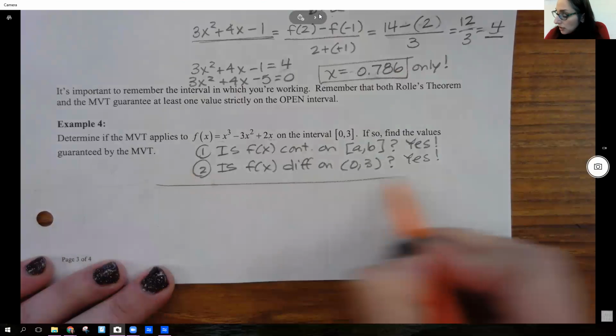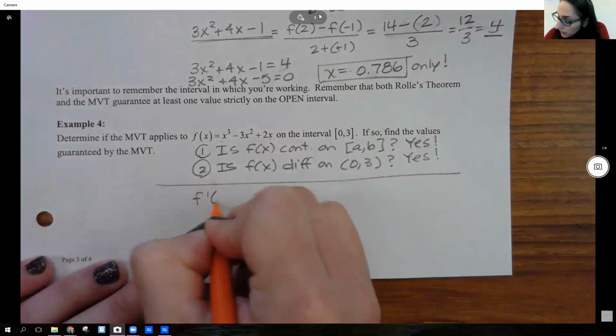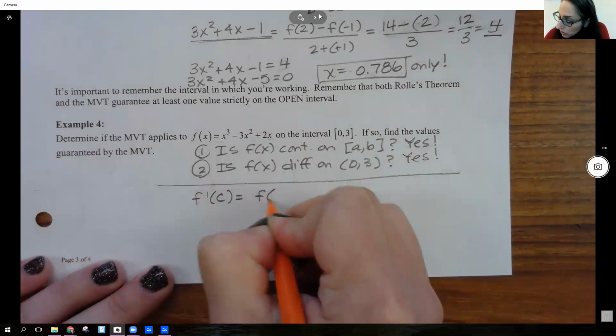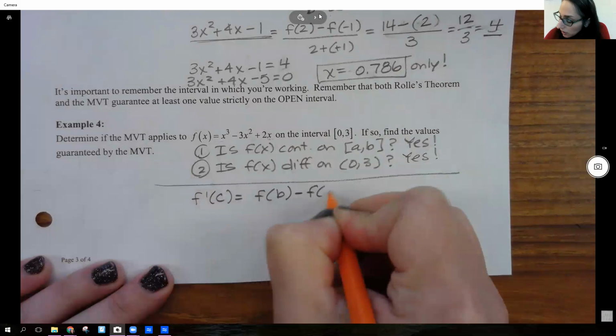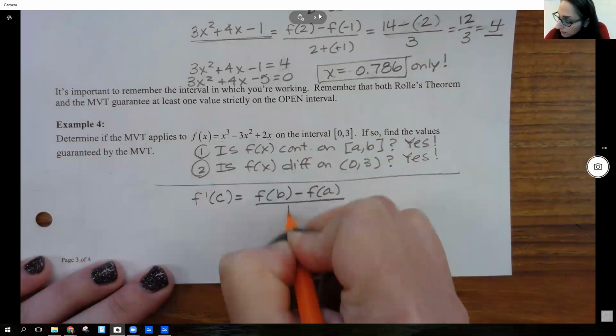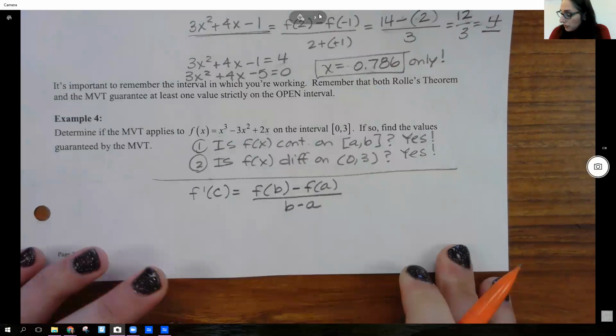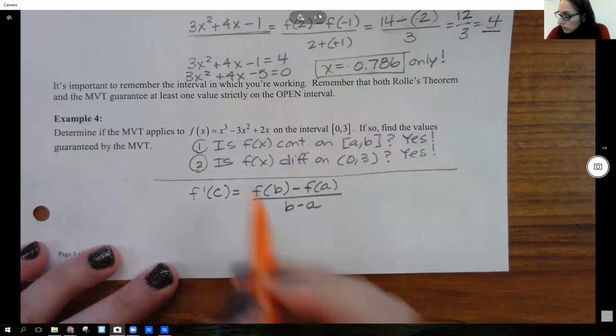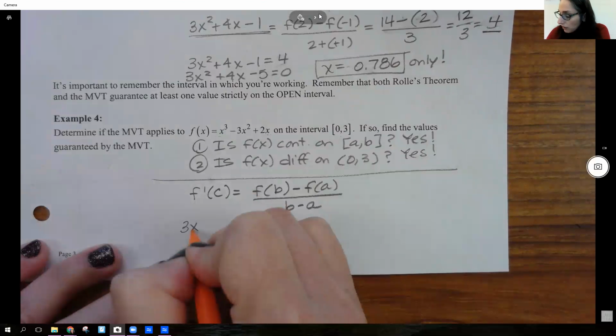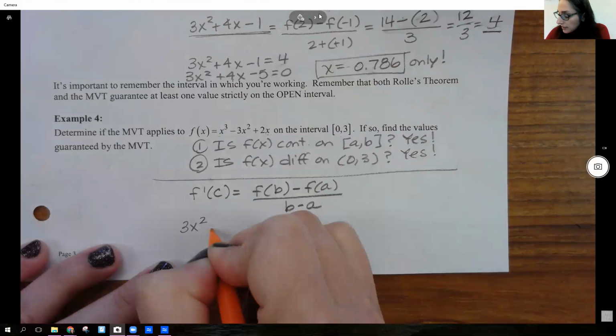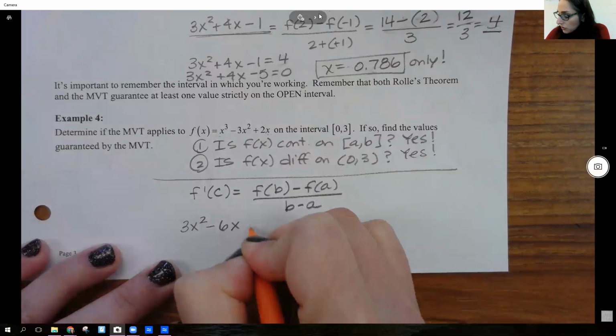So this is good. So we're going to set the derivative equal to the slope of the secant line. Okay. All right, so the derivative is 3x squared minus 6x plus 2.